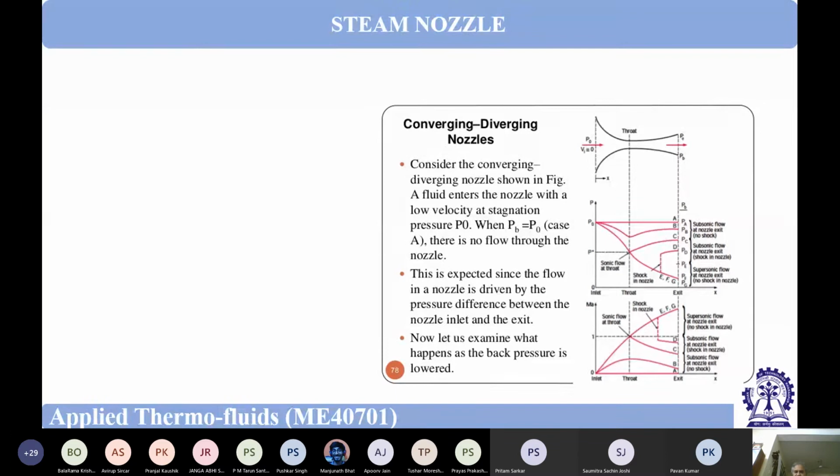Anybody has any question? Well, could you understand? You have understood, at least part of it you have understood. Condition is not that bad.